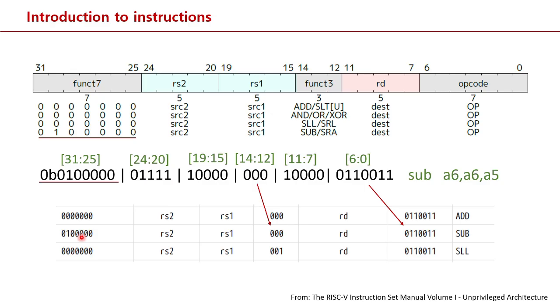From the combination of the binary values of opcode, function 3, and function 7, we can tell that this machine code is the SUB assembly instruction.